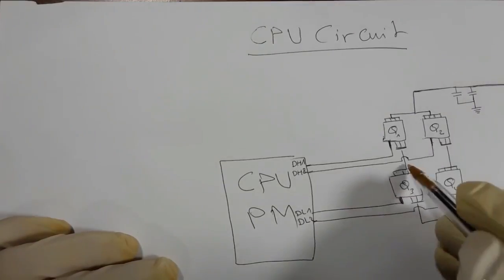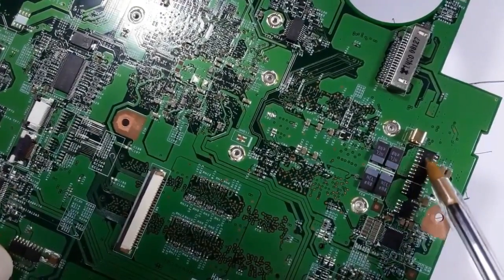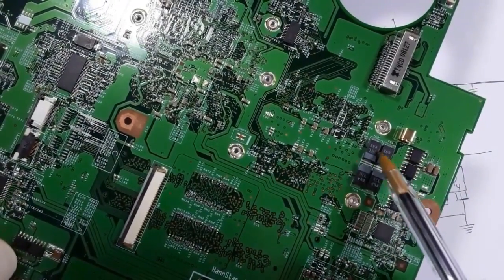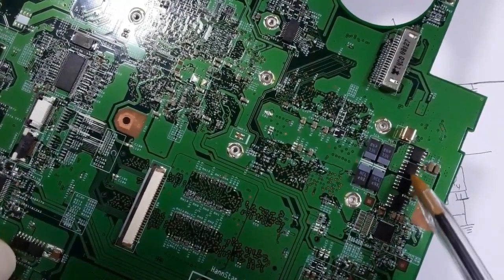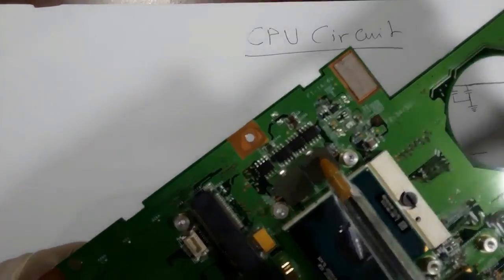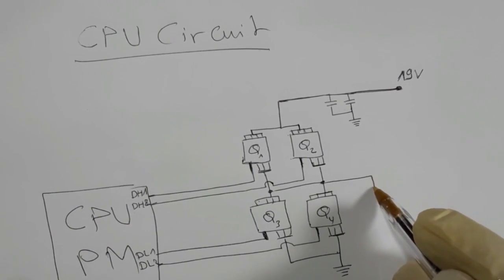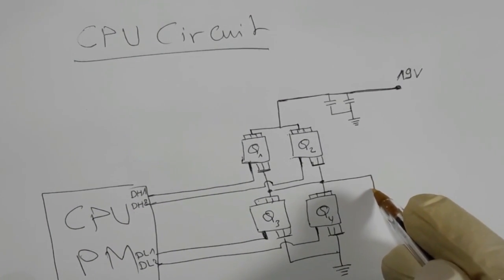As you can see here, we have these capacitors, 2 capacitors for each channel. We have here 2 capacitors with 2 MOSFETs, and on the other side we have other 2 MOSFETs with coil. So here we have 2 capacitors.